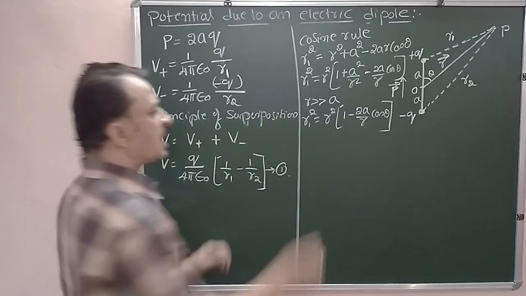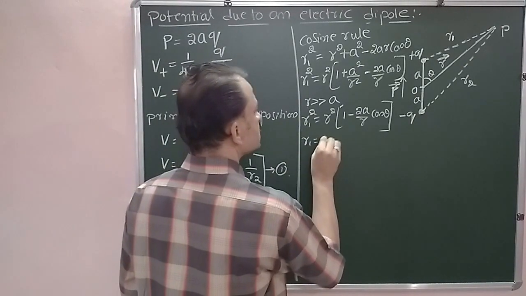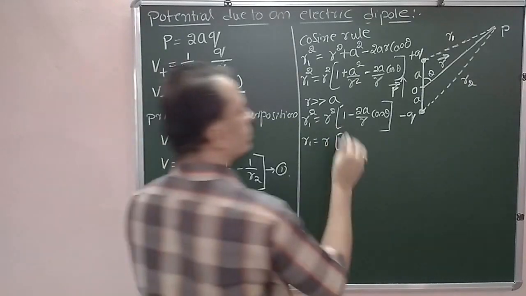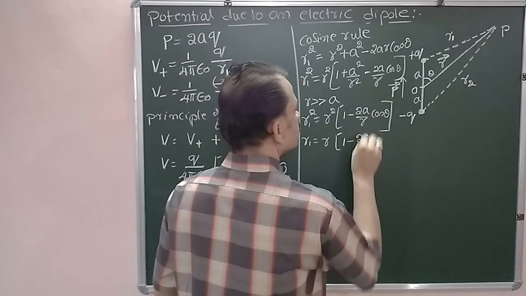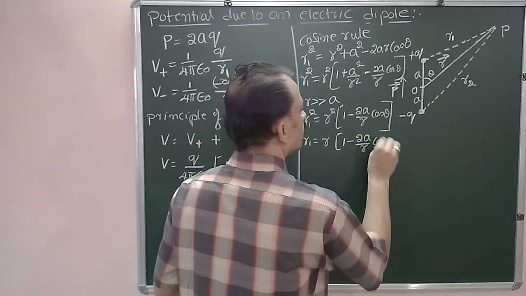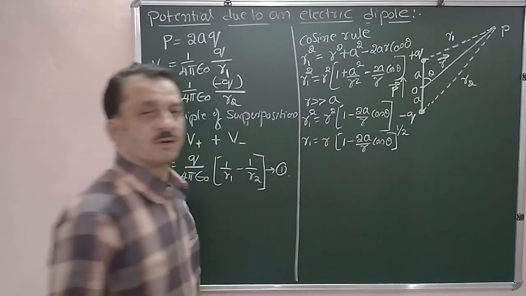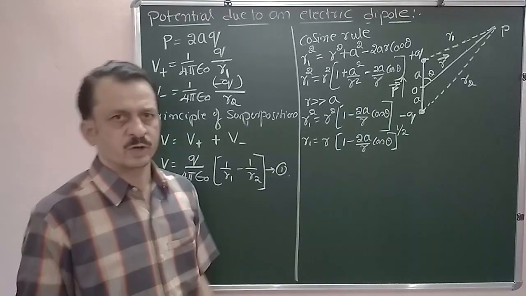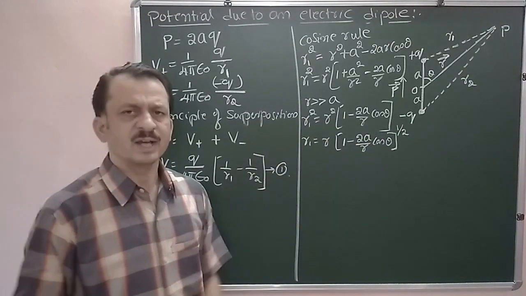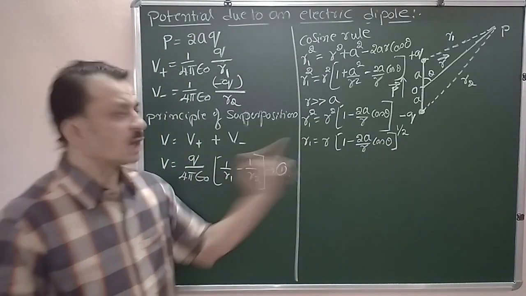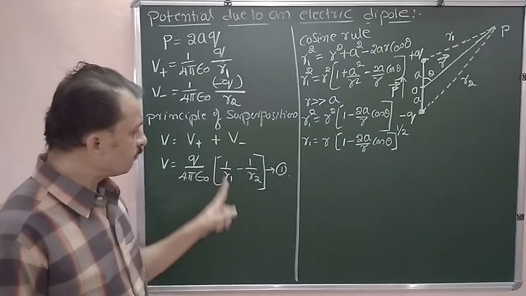Now we want r1. Therefore r1 is equal to r into, now the square root of this can be written as 1 minus 2a by r cos theta to the power of half. Taking the square root, we are getting this expression. We got r1, but we want 1 by r1.